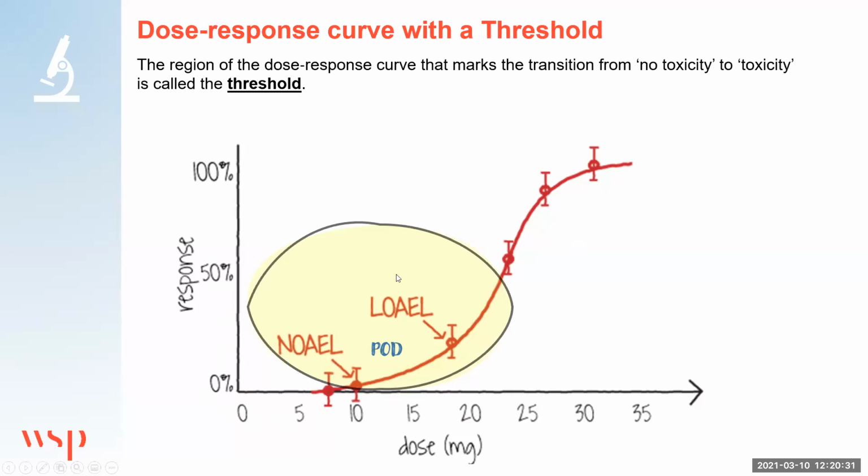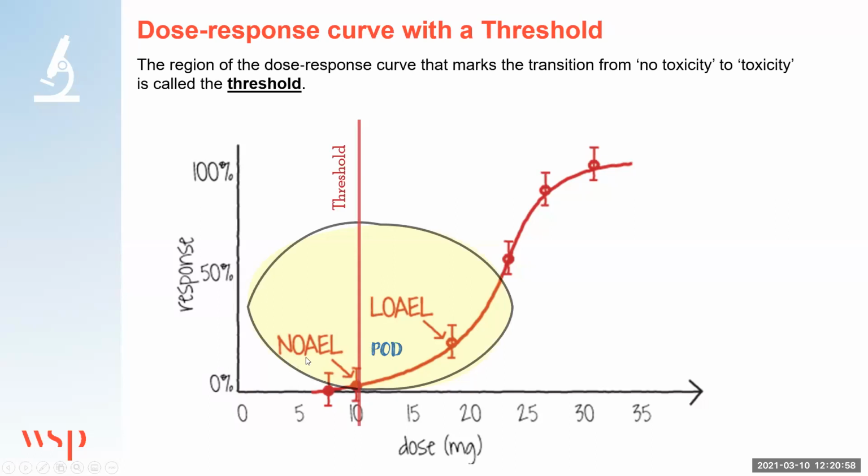The region of the dose response curve that marks the transition from no toxicity, these two here, to toxicity is called the threshold, and that's the threshold there. So the points of departure, the POD that I've got here, are the points on this curve corresponding to the estimated low effect level here, or a no effect level.